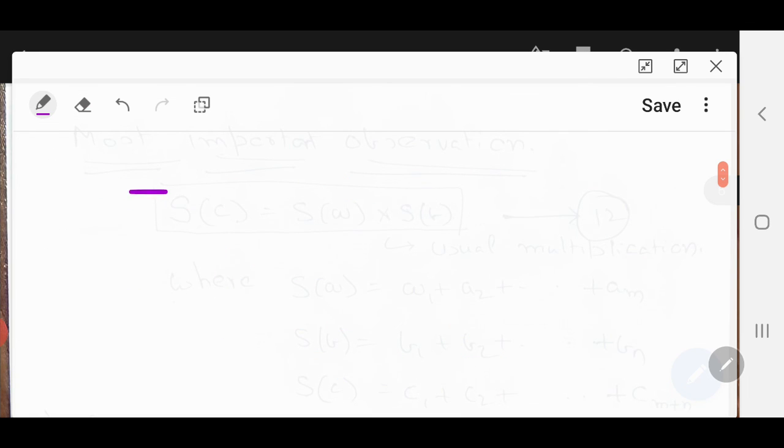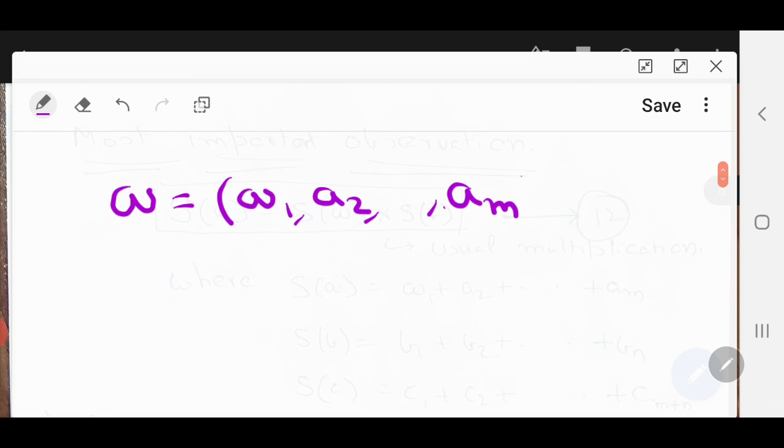See, if we have A, a probability vector A1, A2, etc., Am, they are non-negative numbers. Please remember, non-negative, whose sum is 1. Now you have B1, B2, etc., Bn here.